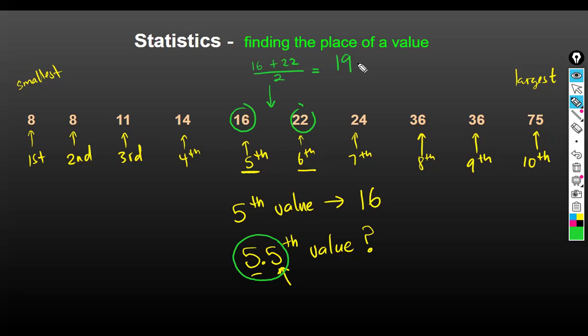Today, in a lot of questions, you're going to be trying to find something in between two values. So let me ask you another question. I'm writing in blue here. I want you all to find who lives in the 8.5 place. Who came 8.5 in the race, or who was the 8.5 age? Where does 8.5 live?